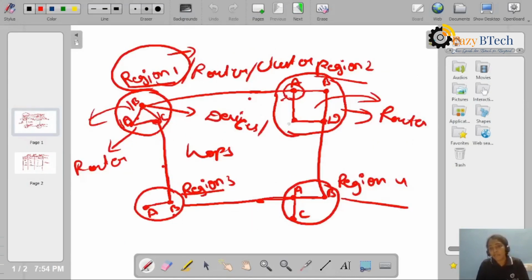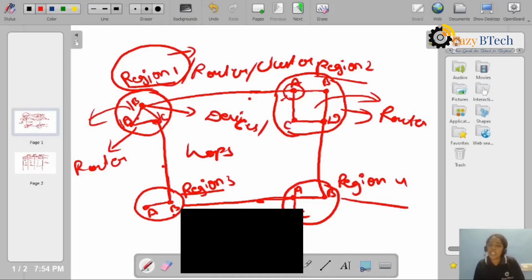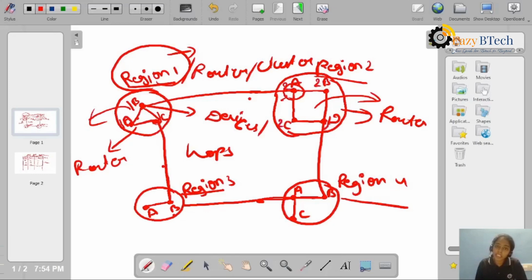Next, check the second region. We have 4 nodes, A, B, C, D, in the second region, so I am calling them 2A, 2B, 2C, 2D. For 2A, how many nodes are connected?